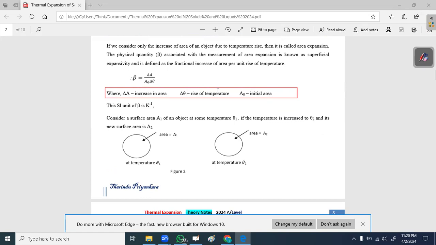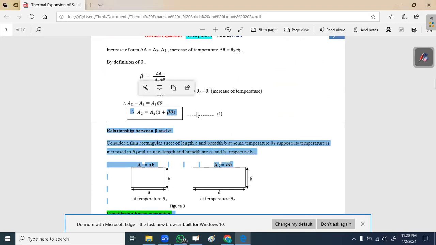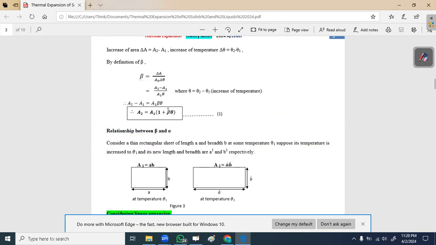I have given everything, but there is a thing called beta here. But for beta, we don't consider any other thing, right?